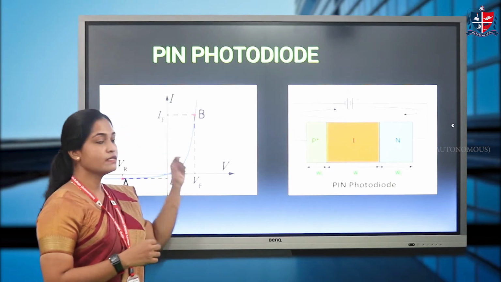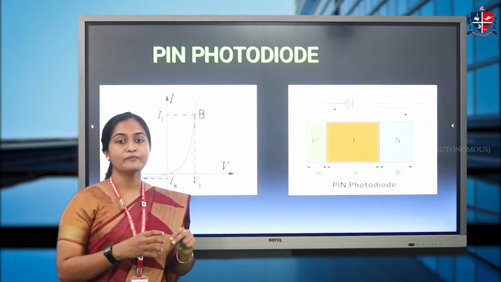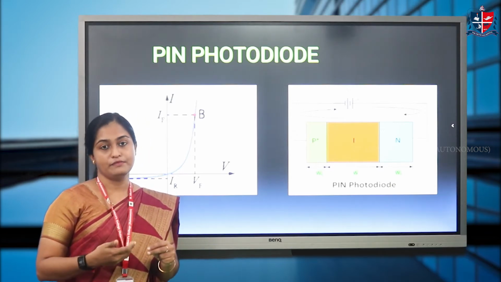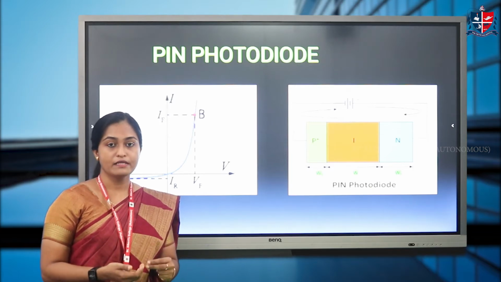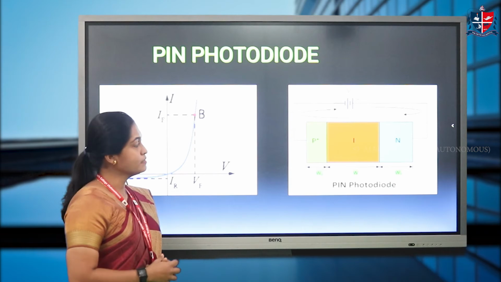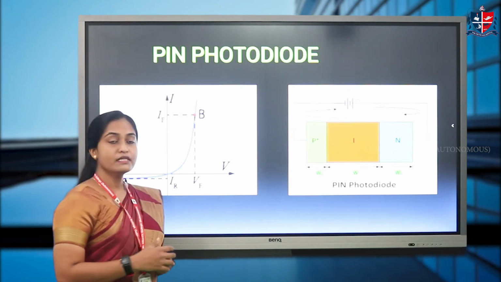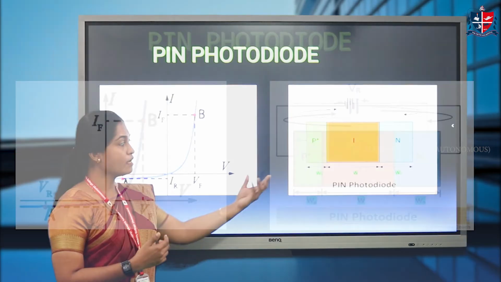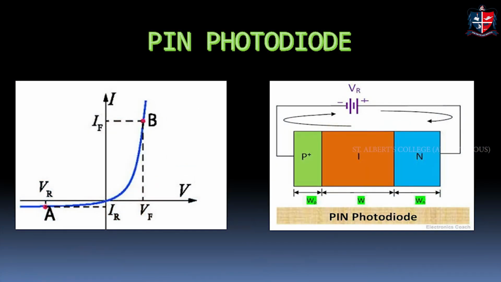So what happens when light falls on the material? Again, electrons are ejected from the valence band to the conduction band and electron hole pairs will be created. And here a large number of electron hole pairs will be created because of the large width of the intrinsic layer, even if it is lightly doped.